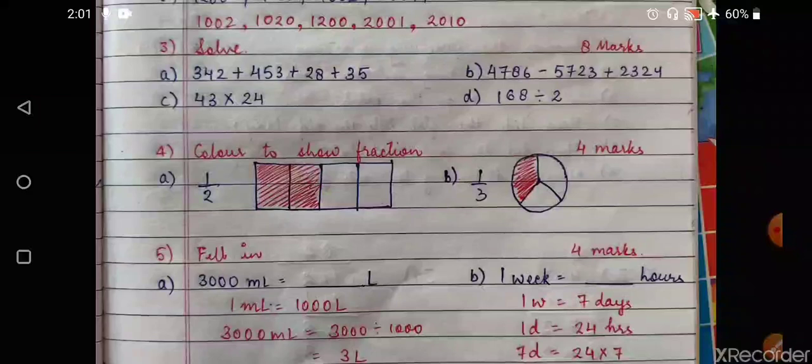Coming to question number B, 4786 minus 5723 plus 2324. 5723 cannot be subtracted from 4786.